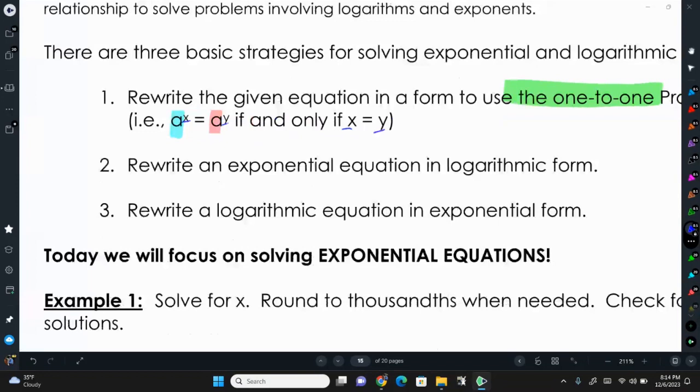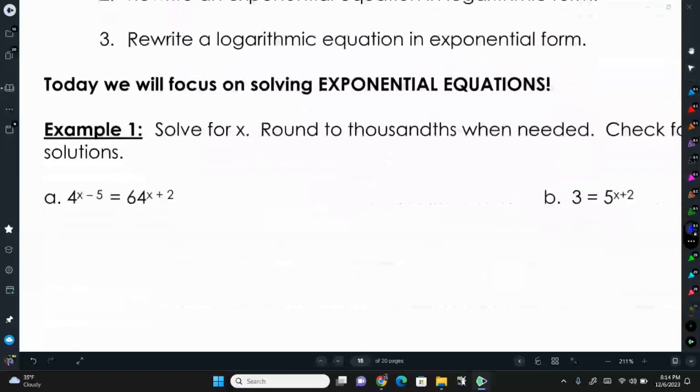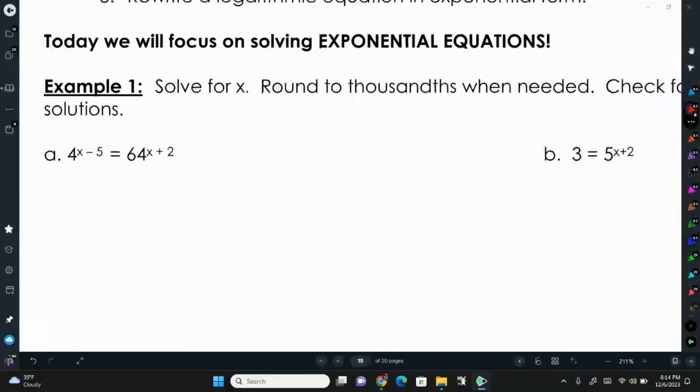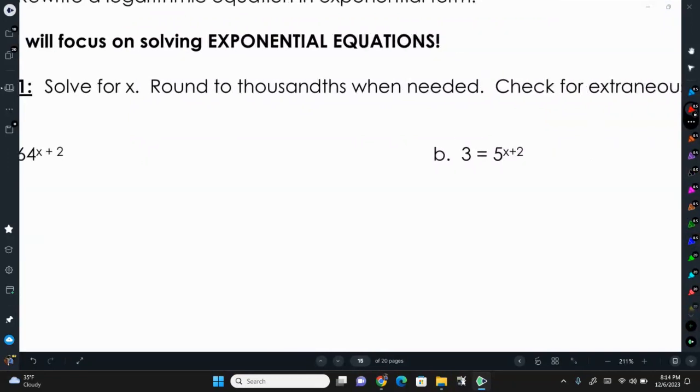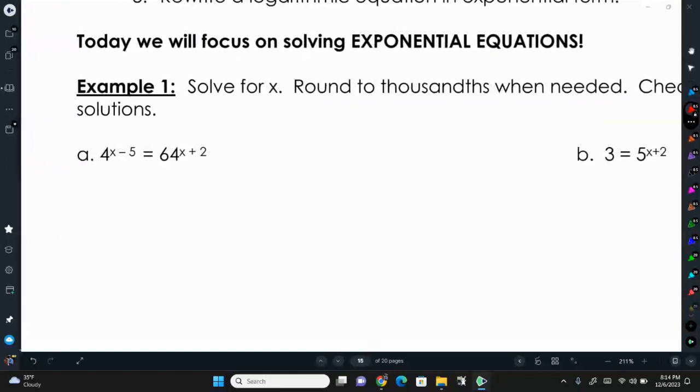Tomorrow, we'll rewrite logarithmic equations in exponential form in order to solve those types of equations. So what we have here, example 1, we're going to round to the 1,000th when needed, so that's 3 decimal places, and checking for extraneous solutions.